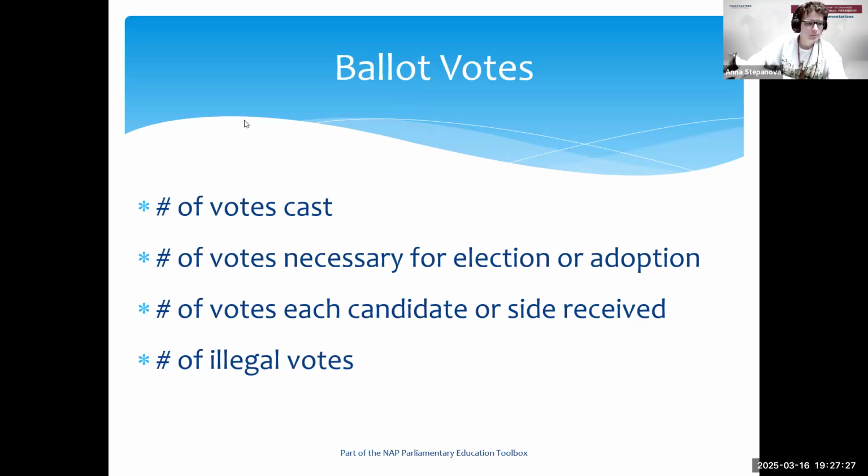Hi. Following up on Penelope's comment, you have number of votes cast, and let's say 34, 4 were illegal. Then the second point, that number necessary for adoption, will it be calculated from what number? From the number of corrected votes or the total votes cast?